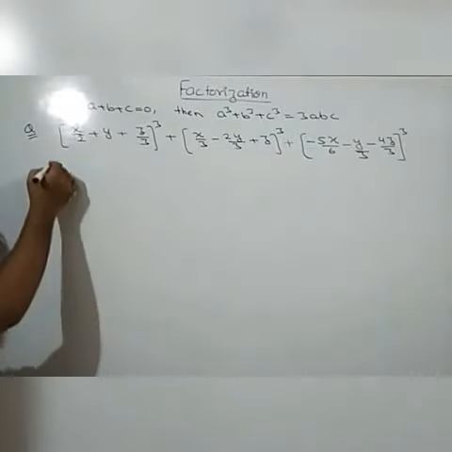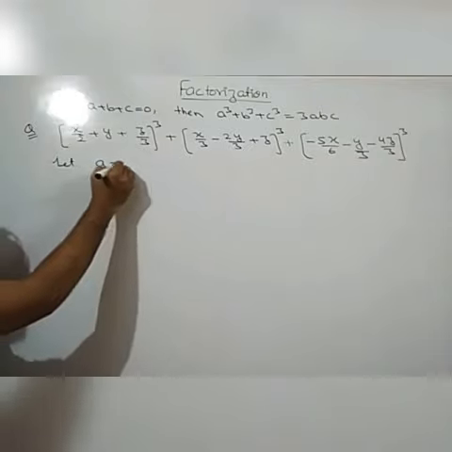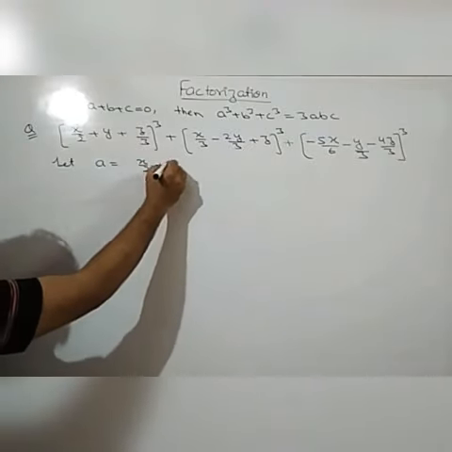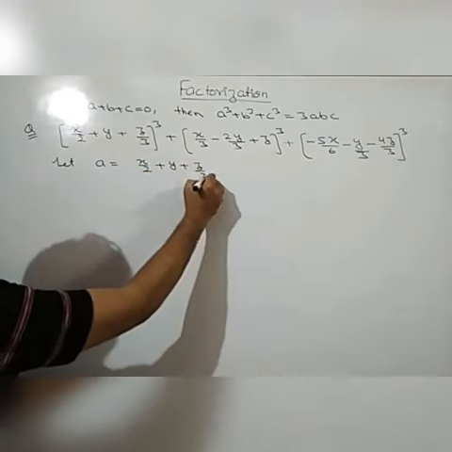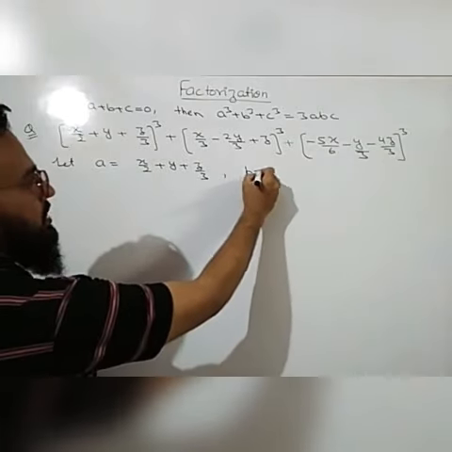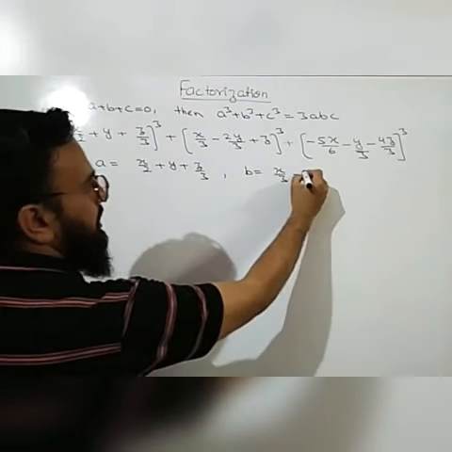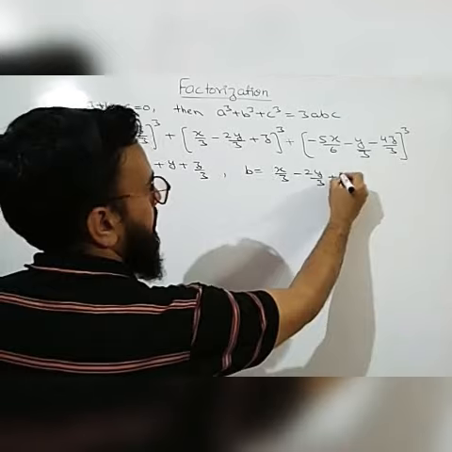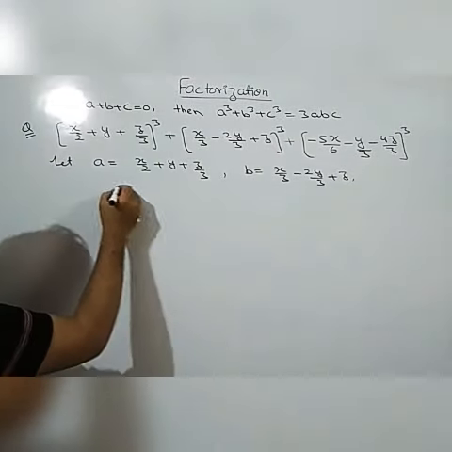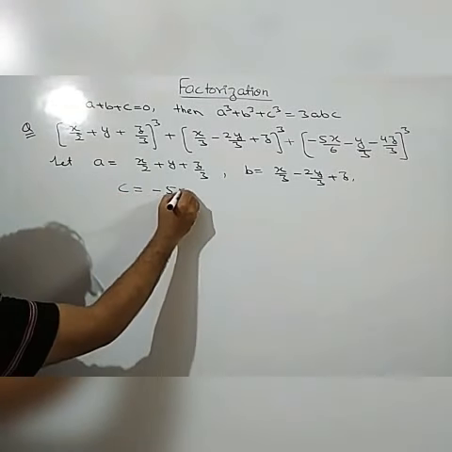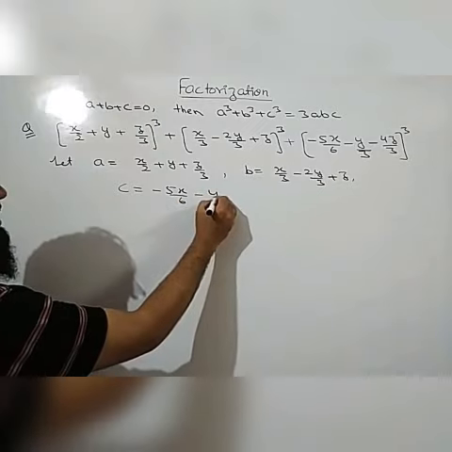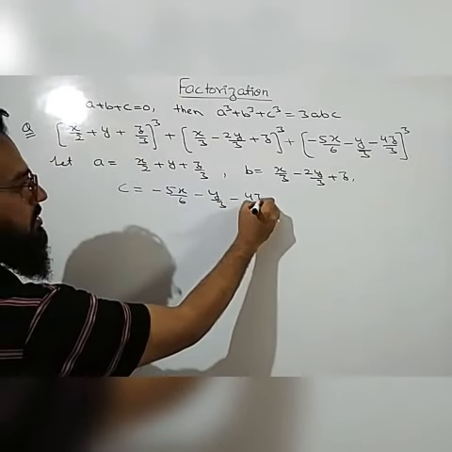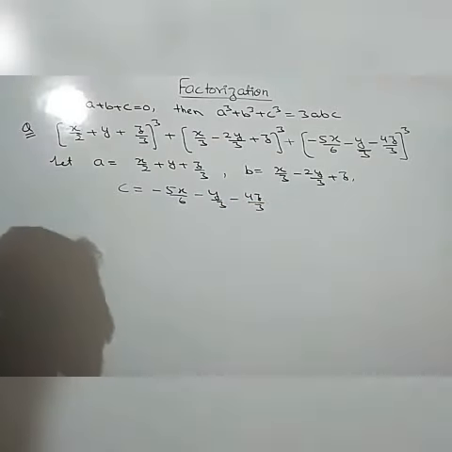Let a be equal to x upon 2 plus y plus z upon 3. b is equal to x upon 3 minus 2y upon 3 plus z. And c is equal to minus 5x upon 6 minus y by 3 minus 4z upon 3.